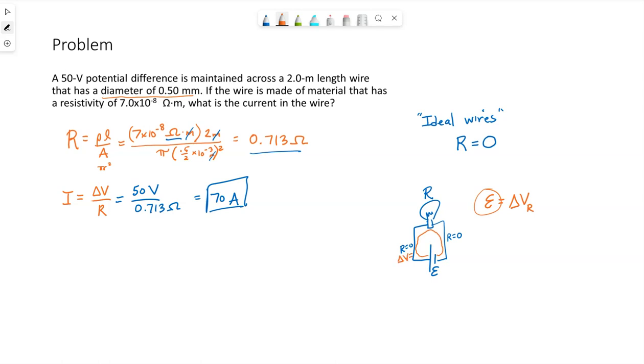By saying the wires have no resistance, we're saying the connecting wires have no potential difference. Now, granted, depending upon how long the wires are and cross-sectional area, all that good stuff, there is going to be some resistance in a real circuit.